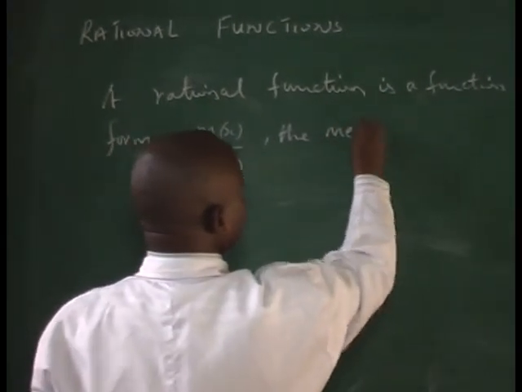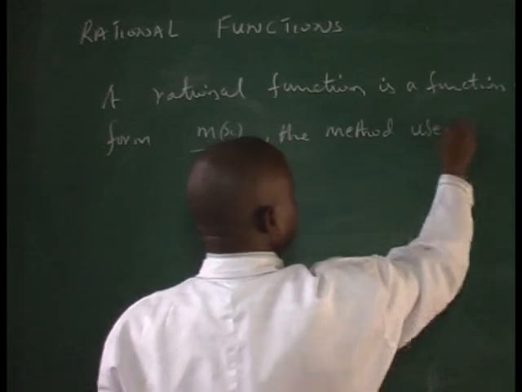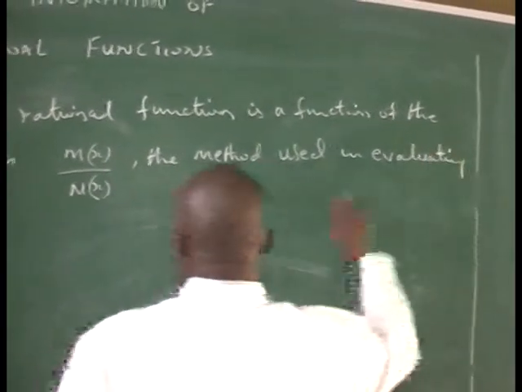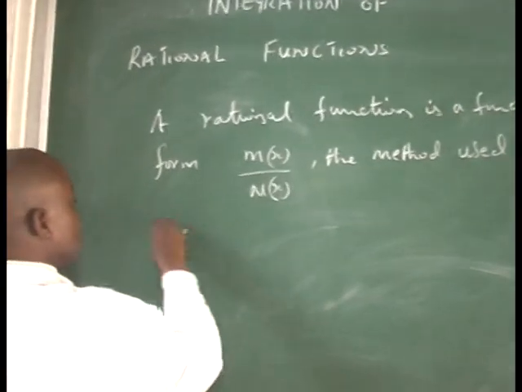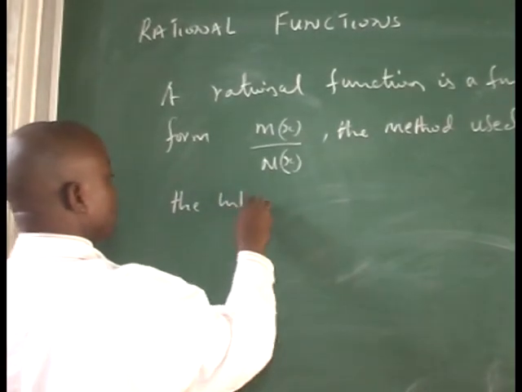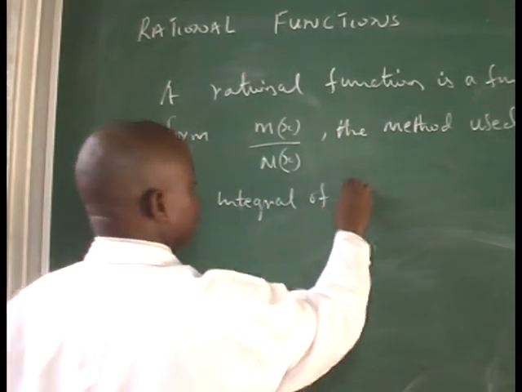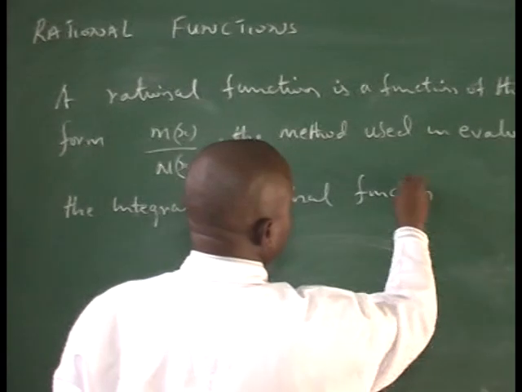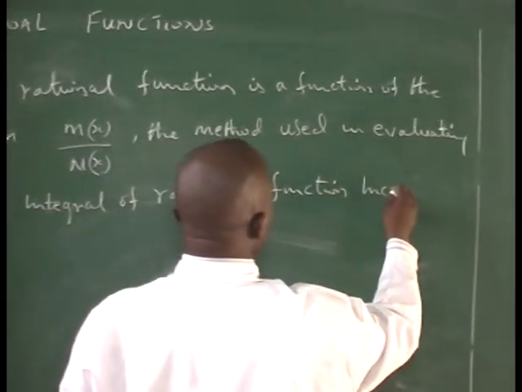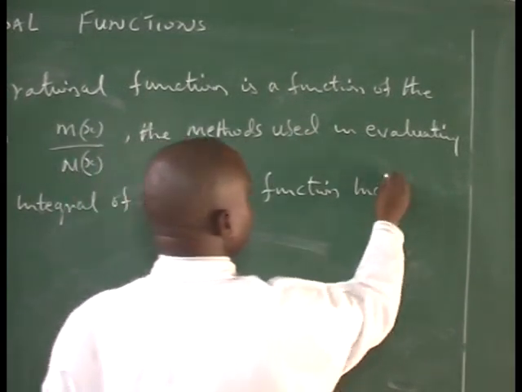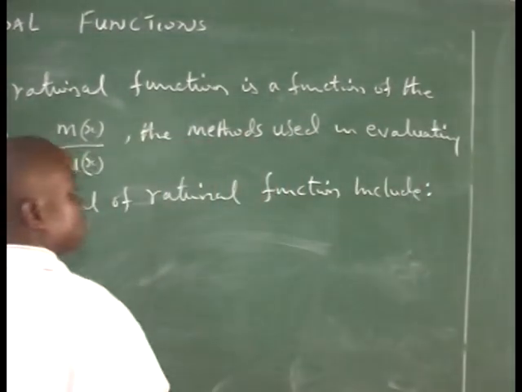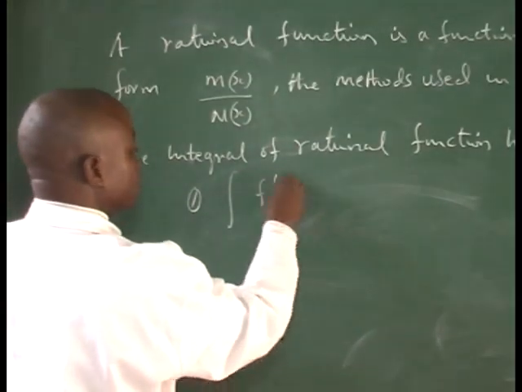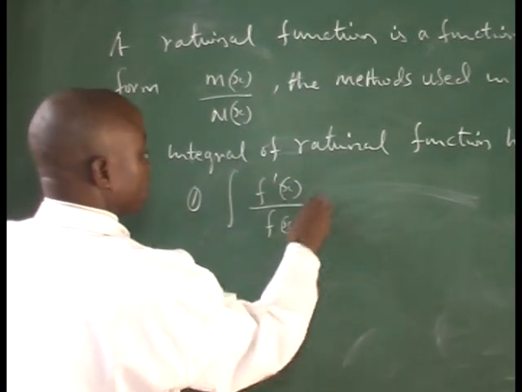The methods used in evaluating the integral of a rational function include, number 1, the integral of f prime of x all over f of x dx.